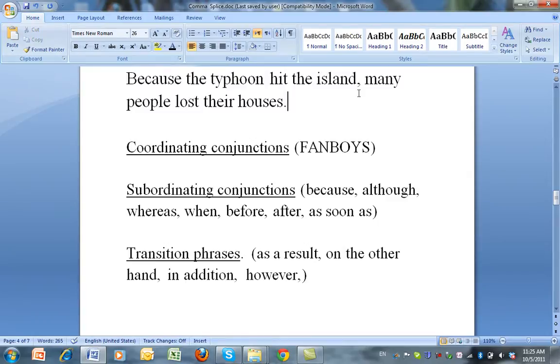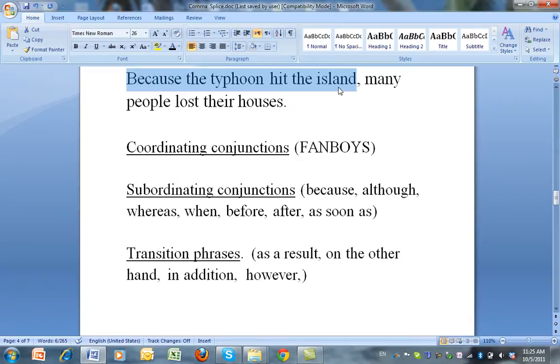And what's interesting here is look at the full stop. Look at the comma. The comma is okay here because when I add this word, because, that is a subordinating conjunction. And that means that this part can no longer be its own sentence.